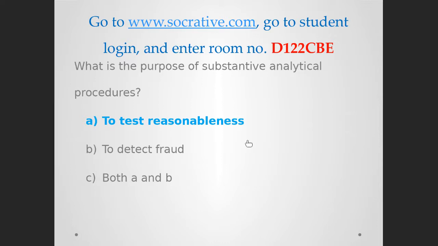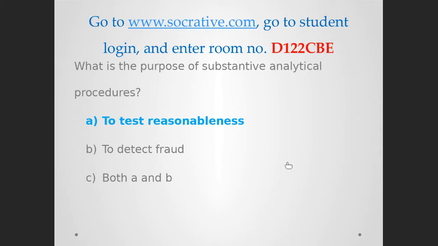So testing reasonableness has nothing to do with the substantive procedure. Substantive procedures is going deeper into individual transactions. Substantive analytical procedure is looking at the big picture. Have no doubt about it, don't mix the two. The purpose of the two are not the same.